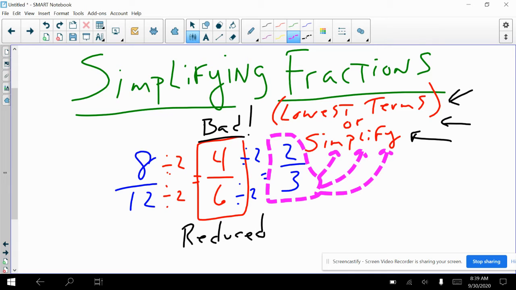Okay, you see the difference between the fractions, though, right? Reduced, not good. Why is it not good? Because you didn't go all the way until you can't go any more. You have to reduce to lowest terms, or simplify. Everybody good with that?